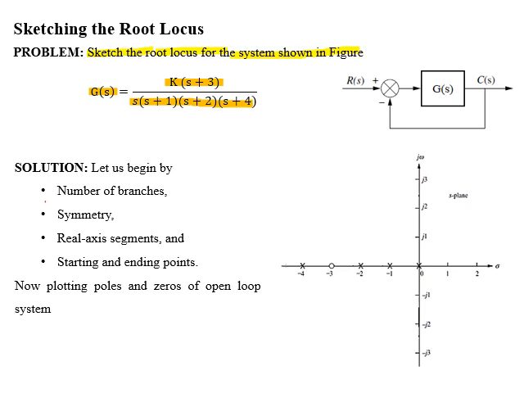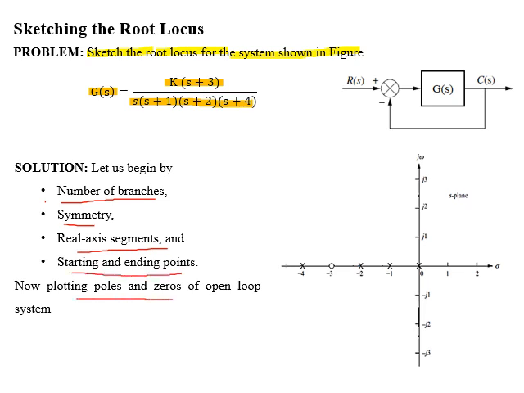For root locus of the closed loop system, first of all we will draw the pole zero map of the open loop system, and then we will apply rules used in sketching of root locus, which include number of branches, symmetry, real axis segment and starting and ending points.